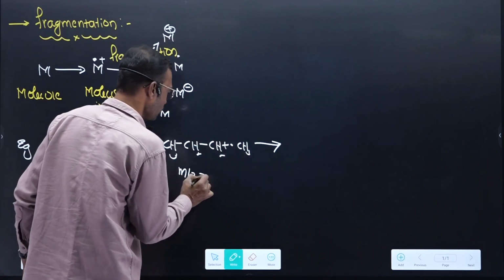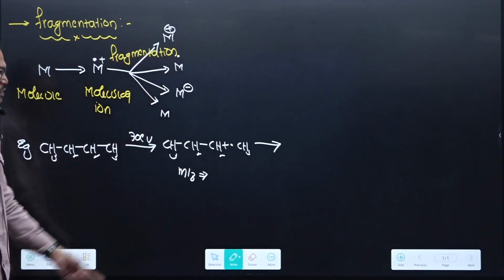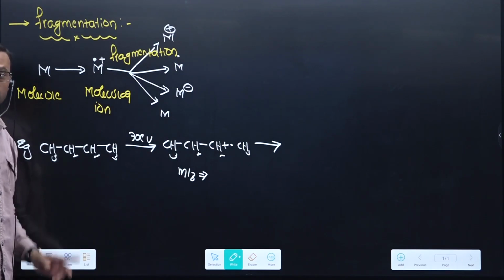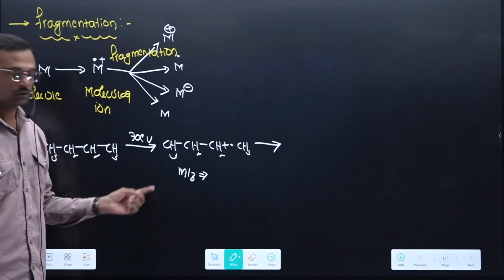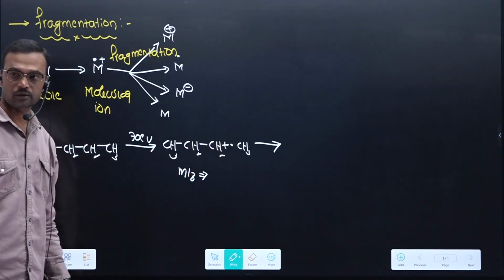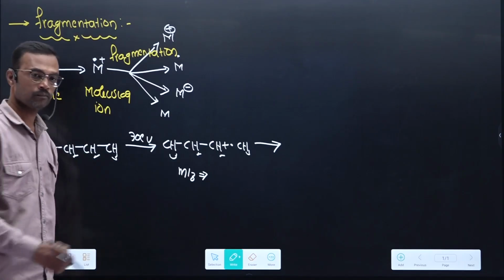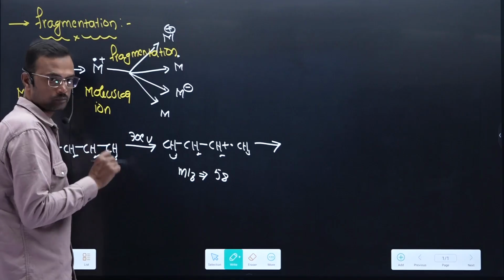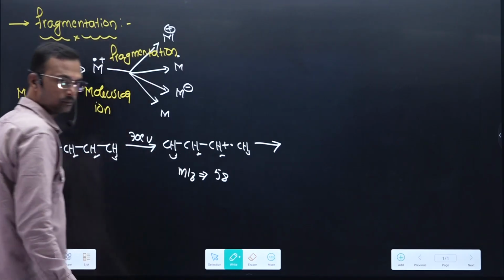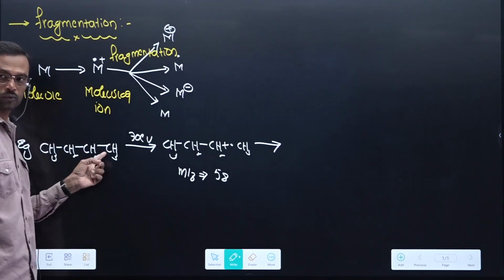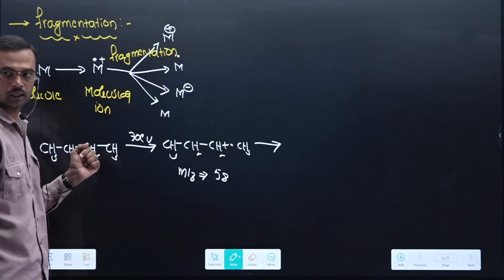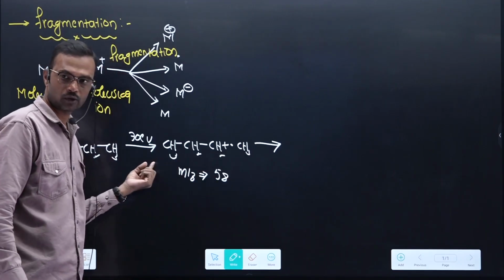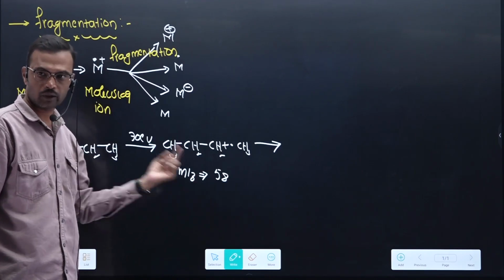You can write m/z value only for molecular ion and cation. You need to learn the 12 table. How many carbons are present in this molecular ion? 1, 2, 3, 4. 4 carbons are there. 4 into 12, 48. 48 plus 10, since 10 hydrogens are there, 58. Every carbon is 12, every hydrogen is 1. Molecular ion m/z value is 58.